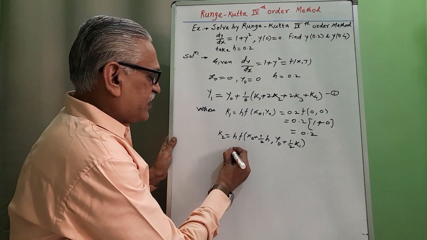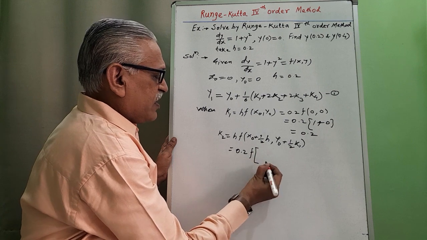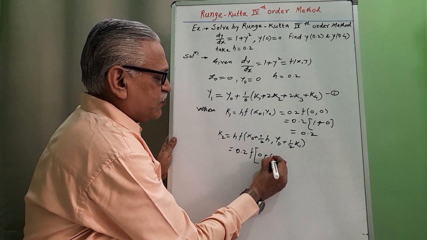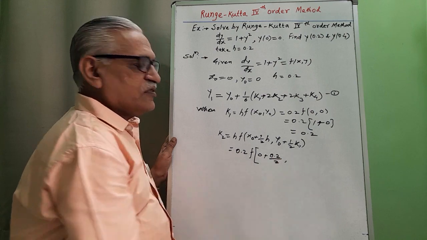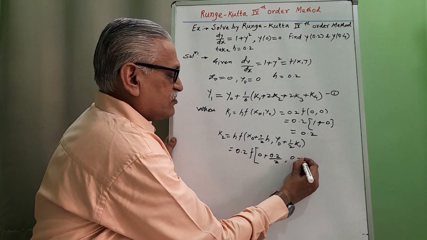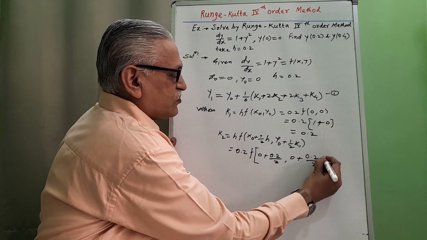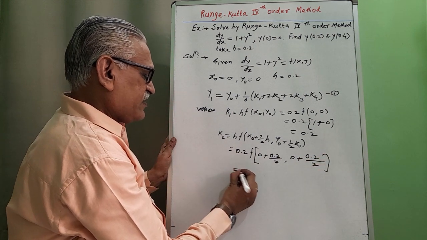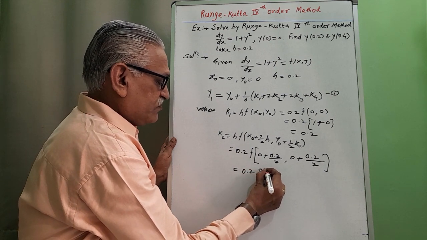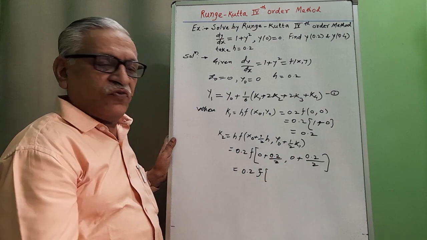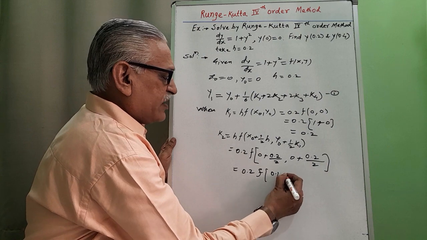Substituting the corresponding values, h is 0.2, x0 is 0, h is 0.2 by 2, y0 is 0, k1 is 0.2 divided by 2, and therefore we get 0.2 f of 0.2 by 2, we get that value as 0.1, and 0.2 by 2 again 0.1.